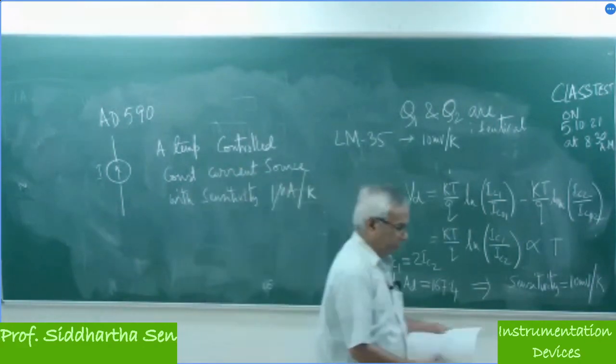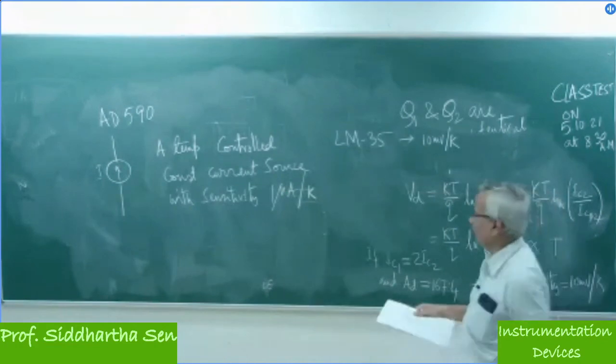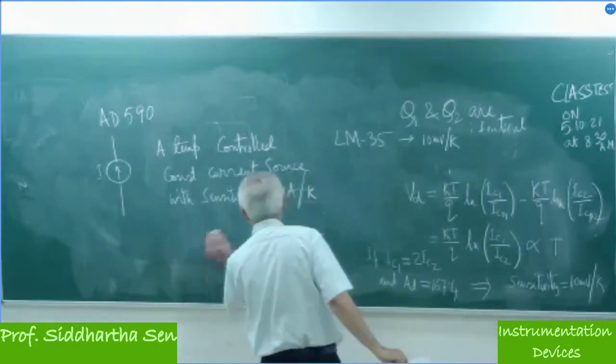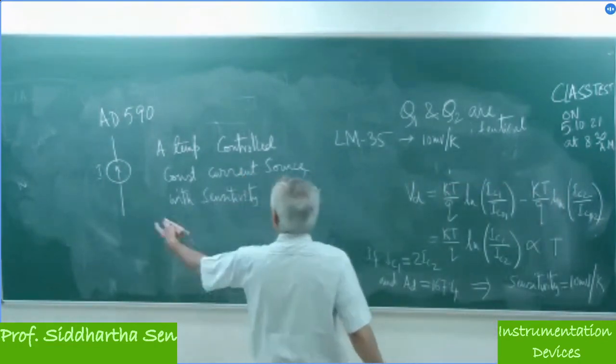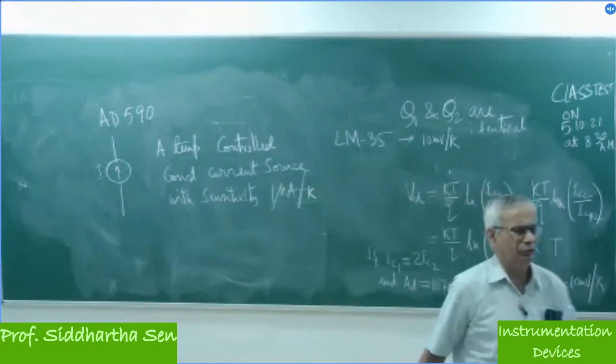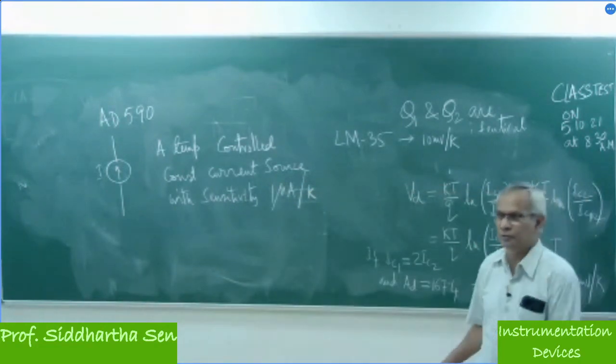So it will be changing at 1 microampere per Kelvin. If you connect it in series with a 1K resistance, it would be converted into 1 millivolt per Kelvin.